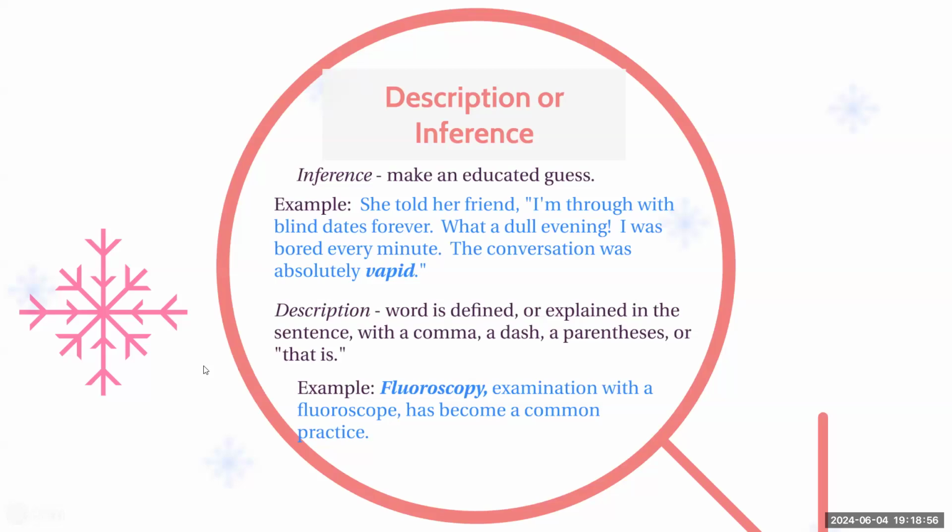So for example, she told her friends, I'm through with blind dates forever. What a dull evening. I was bored every minute. The conversation was absolutely vapid. What do you think vapid means?